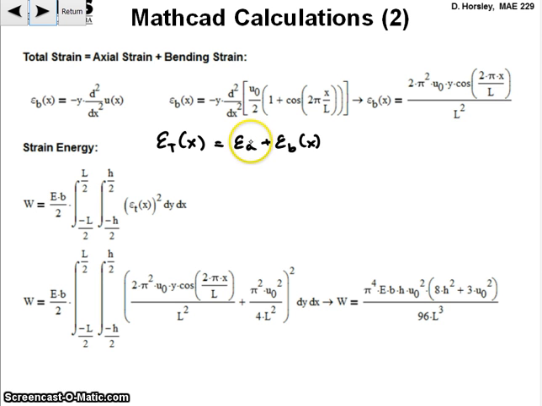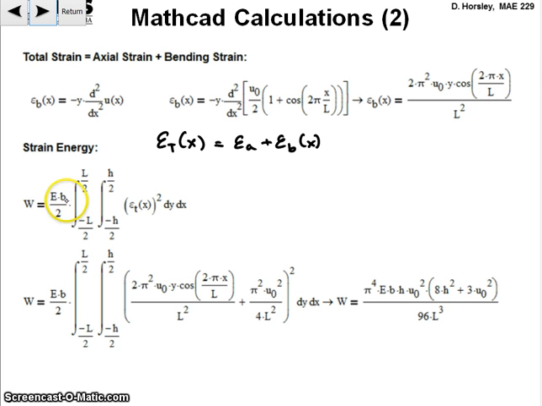And so here's the strain energy integral. So we integrate epsilon squared over the volume. Actually, b is the distance into the page, and the strain is constant over that z direction. So when I integrate over the volume, normally I have dx, dy, dz, but I already integrated over z, and that just gave me b because everything's constant and doesn't vary as a function of z.